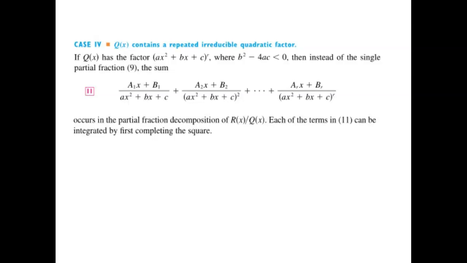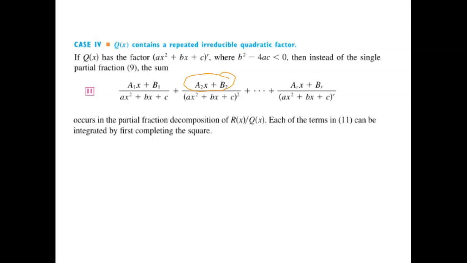And it is very much the same idea as what we do when we have repeated linear factors. It's just now, if our denominator is irreducible quadratic and it is repeated, my numerator needs to account for that by being linear.